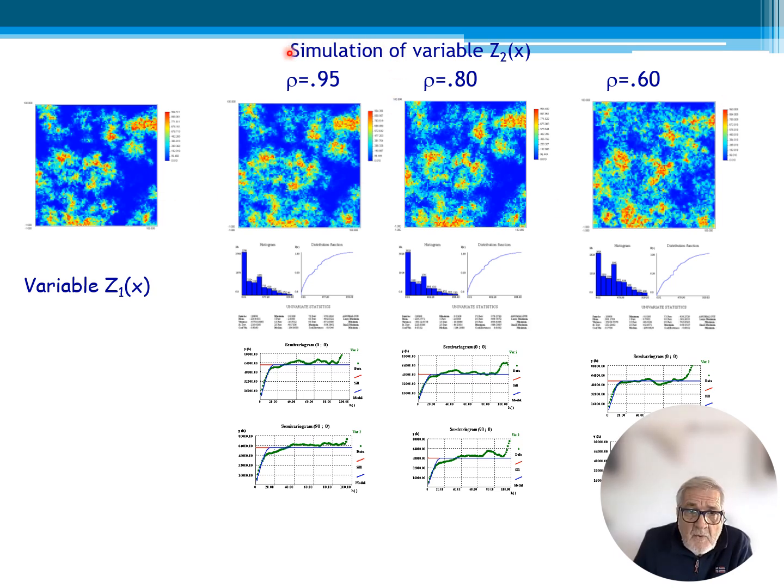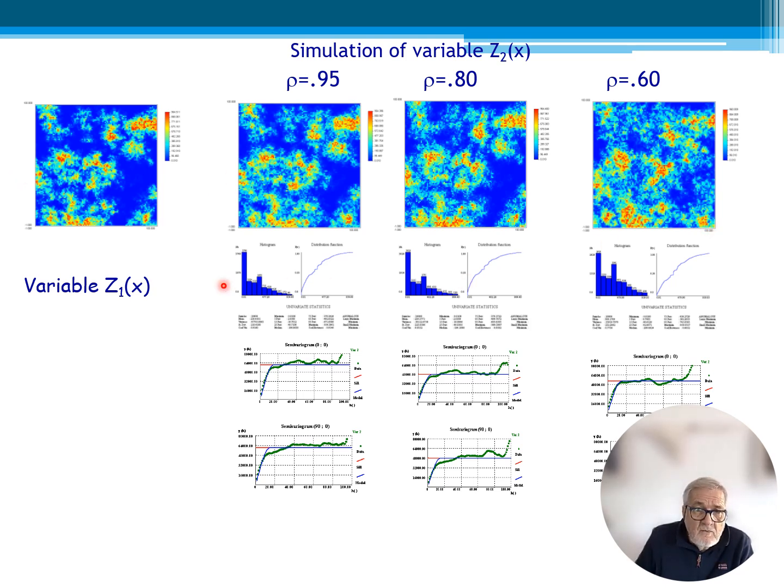When you impose 0.95, the secondary variable reproduces the main patterns of the auxiliary variable quite well. And at the other extreme, when the correlation coefficient is not so strong, 0.60, the patterns are not so similar.